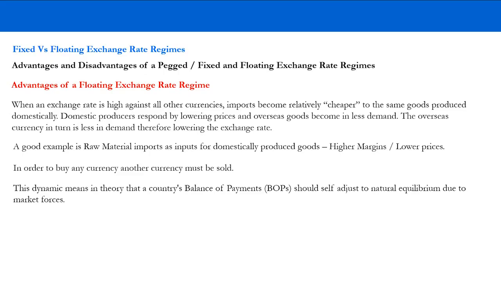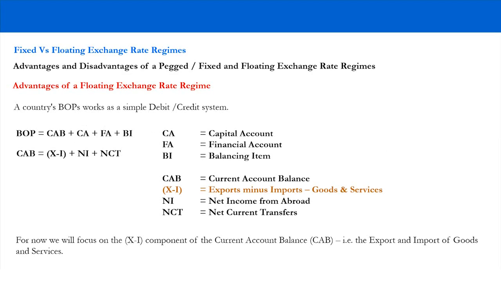In order to buy any currency, another currency must be sold first. It happens automatically. And this dynamic theory means that a country's balance of payments should always be self-adjusting to some sort of natural equilibrium determined by market forces. So to really understand this, what we need to do is dig a little deeper into how a country's balance of payments works.